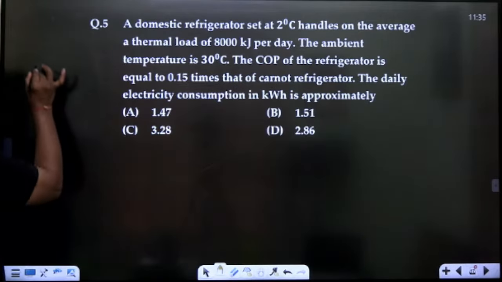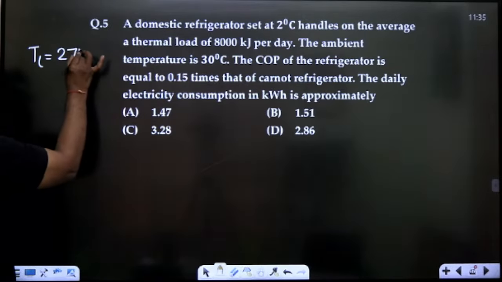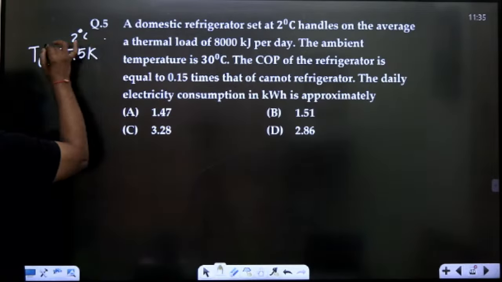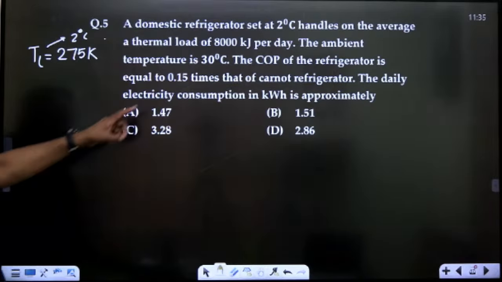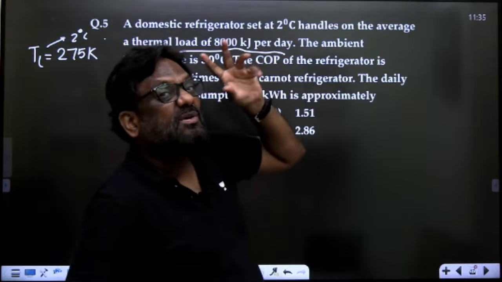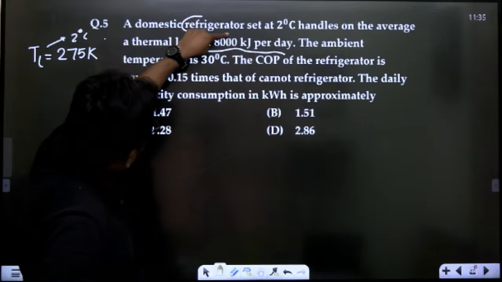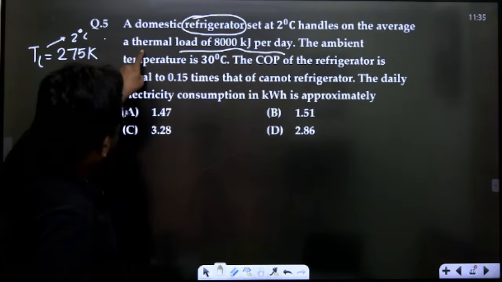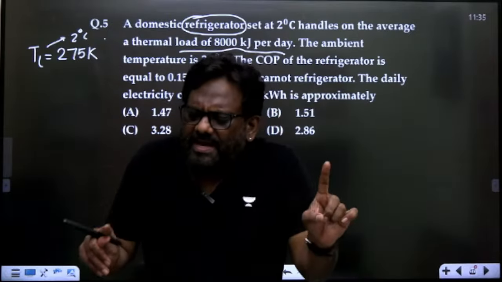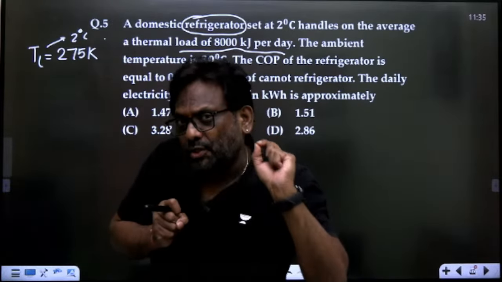It is the lower temperature, so convert to Kelvin, 275 Kelvin. It handles an average thermal load of 8000 kilojoule per day. This is a refrigerator, so it is handling a load of 8000 kilojoule per day. What does it mean, sir? In one day from the storage it is absorbing 8000 kilojoule of heat.